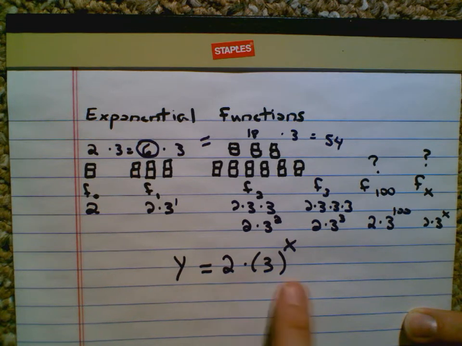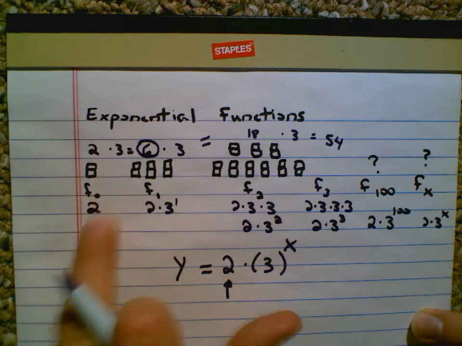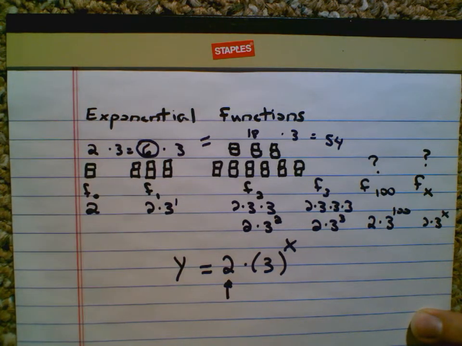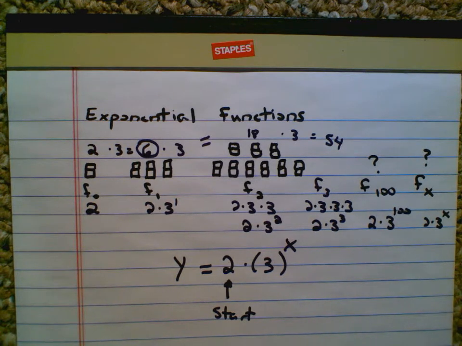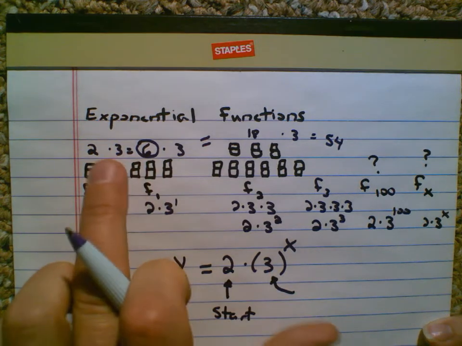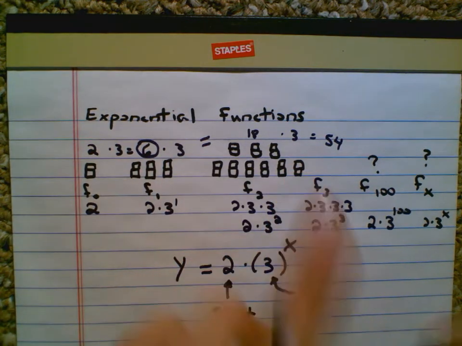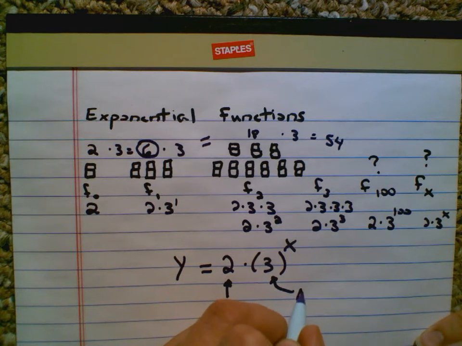In our current example, 2 represents our starting amount, how many boxes we originally started with. So that's the start. How many things did you start with? We started with 2. The 3 represents what we were multiplying by every time we jumped 1 over. So this I call the multiplier.